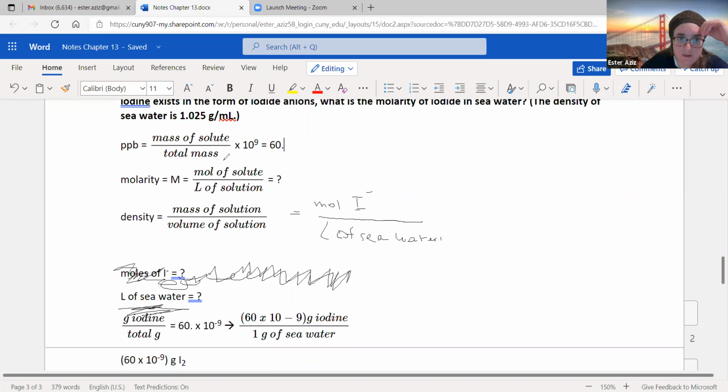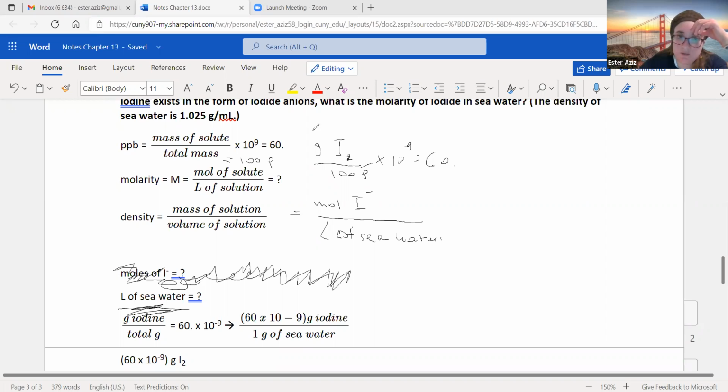So let's say our total mass is 100 grams. Now we can solve for mass of solute. So grams of iodine, which is I2, will be the grams of iodine divided by 100 grams, which is the total mass that we arbitrarily decided, times 10 to the 9 power equals 60.